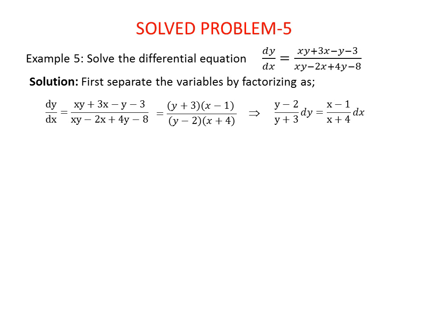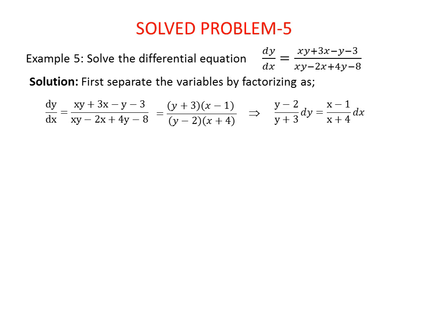Similarly, on our right hand side we again have an improper fraction, x minus 1 divided by x plus 4. Here again we make it proper by dividing x minus 1 by the x plus 4 polynomial.